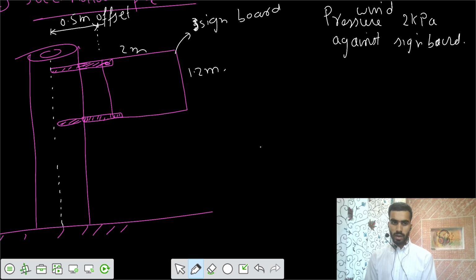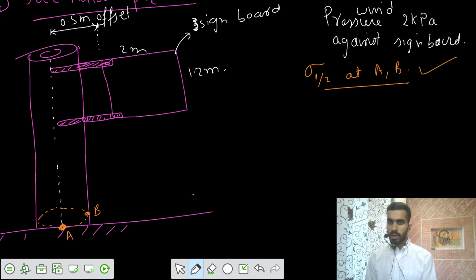Now there are two points on the bottom of that tube, point A and point B. You need to find the major and minor principal stresses, sigma 1 and sigma 2, at point A and point B at the base.